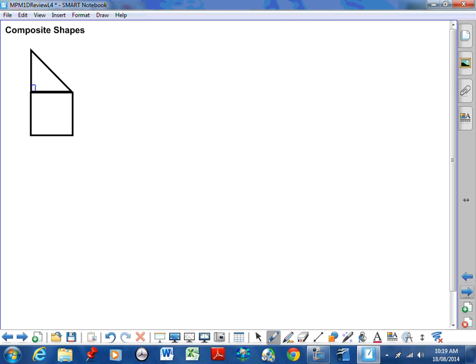So this picture here, let's put some numbers on it. Let's keep it simple. Make this a square, and we'll make that height there, say 5. So find perimeter and area. All right, that's the instructions. Find perimeter and area.